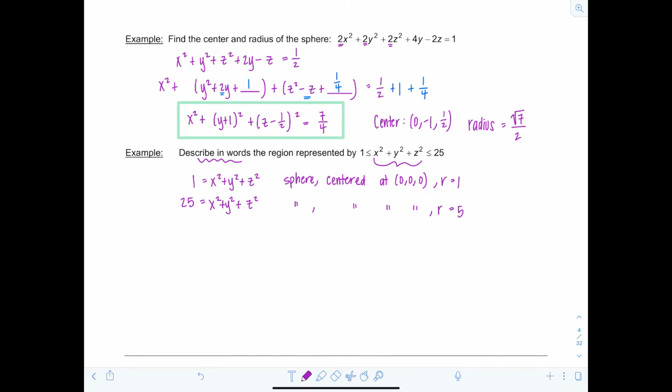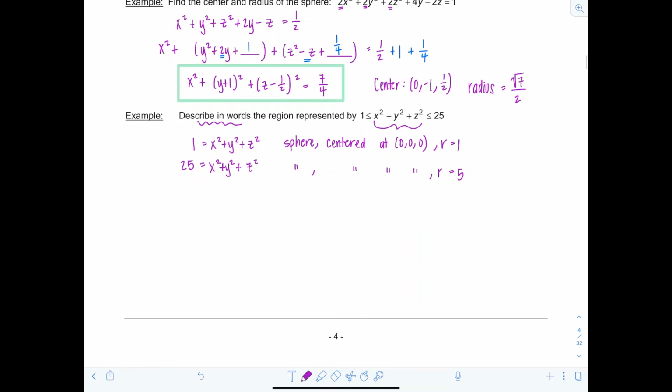So this inequality is telling me that basically I have all of the points on and between those two spheres centered at the origin with radii 1 and 5. So you could think of it, it's going to look like a sphere whose radius is 5, and then someone came and scooped out a sphere from the very middle of radius 1. But we just have to describe in words, we don't have to draw. So I'm just going to state, okay, it's all points that are on, because, why?